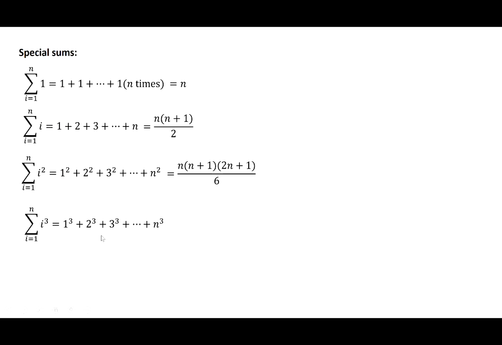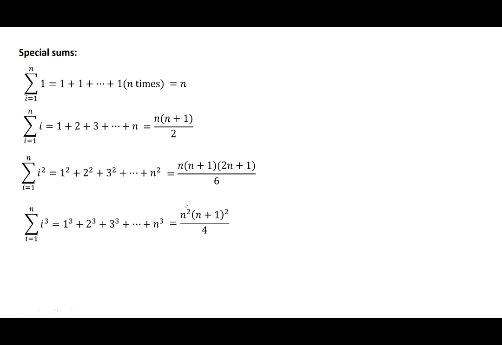And sigma i cube is 1 cube plus 2 cube plus 3 cube all the way up to n cube. And folks, there's a formula for that as well. Quite interestingly, whatever was the formula for sigma i, the formula for sigma i cube is just the square of that.